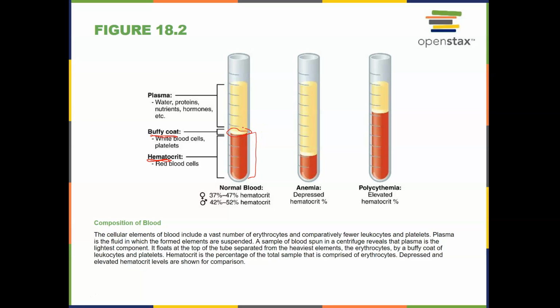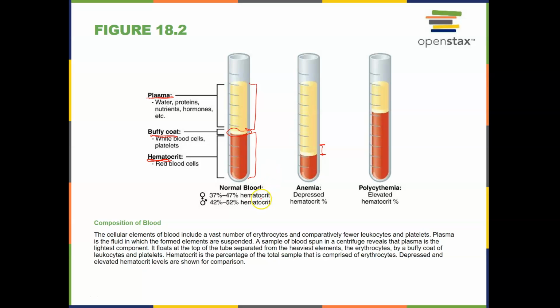That buffy coat is made up of white blood cells and platelets, and if somebody's very sick, that buffy coat will be definitely thicker. In physiology, we used to do a hematocrit measurement, and in students who had a cold or the flu, you could see that buffy coat really intensely. And then we have plasma here, which is kind of a straw-colored liquid. And that's your water, your proteins, hormones, waste products, and so forth.